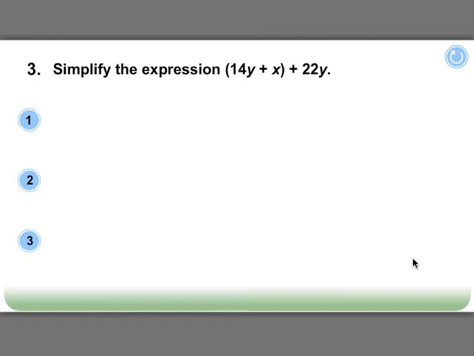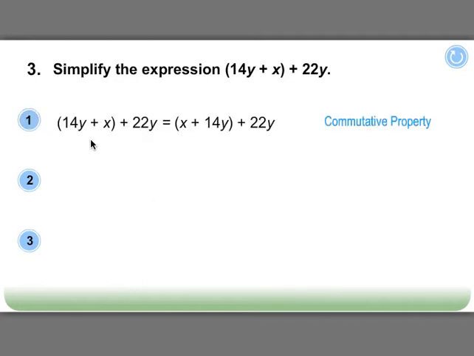Simplify the expression 14y plus x plus 22y. If we write it in a different way, using the commutative property, x plus 14y plus 22y.